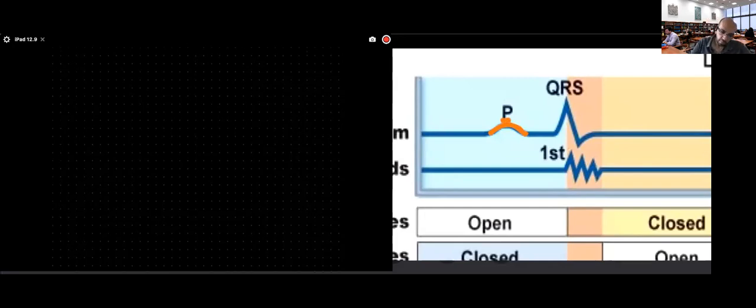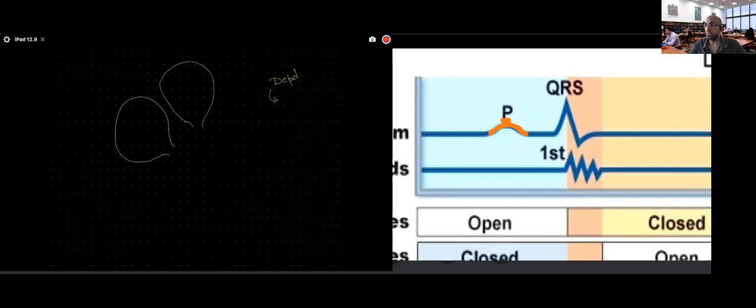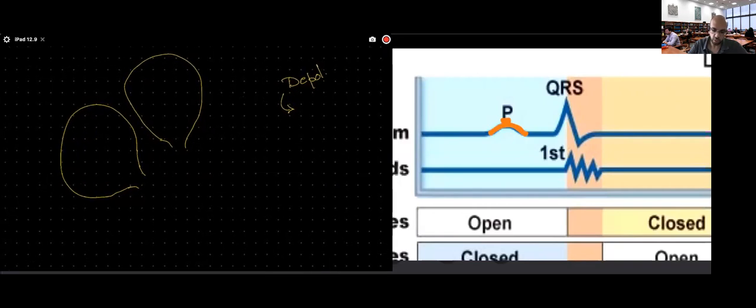So my atria did depolarize. And if you remember, when I depolarize, what will I do as a cardiac muscle cell in response to the depolarization?